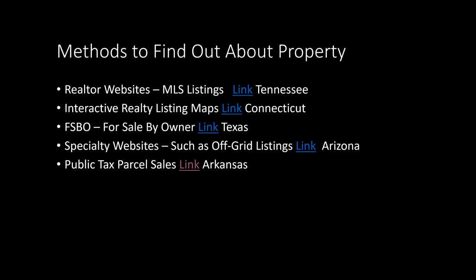So obviously what happened is before the deadline, this parcel was removed from the list because he paid the taxes. So that's the caution you need to have when you're looking at public tax parcel sales.